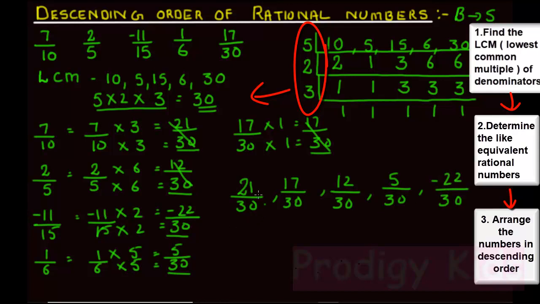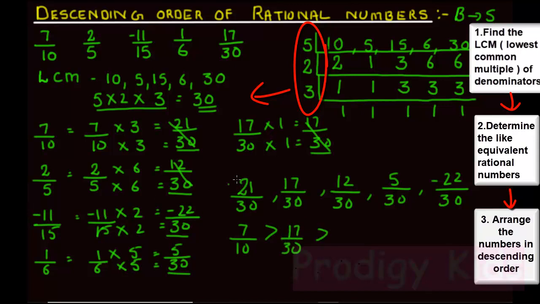Now what are the corresponding rational numbers? For 21 by 30, the corresponding rational number is 7 by 10, which is greater than the next one, 17 by 30.